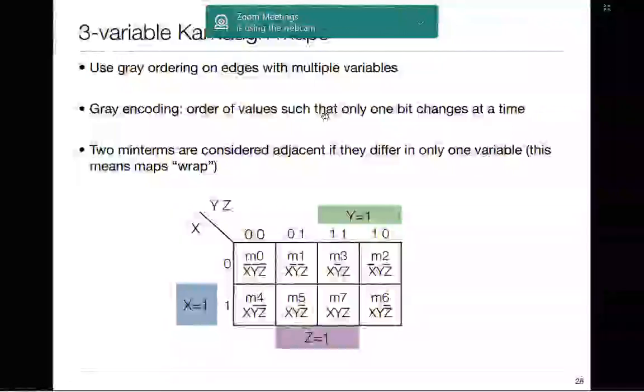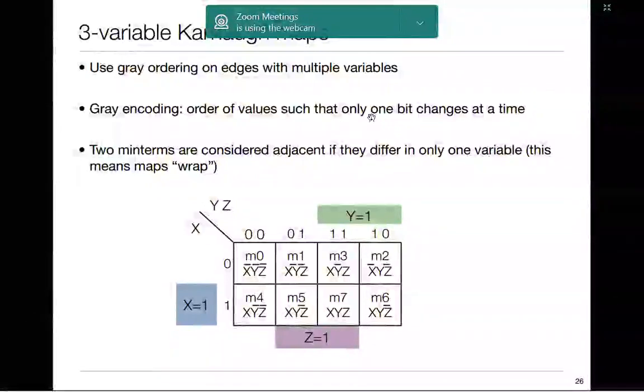Three variable K-maps. Now, in the previous session we saw two variable K-maps. So what happened in two variable K-maps?